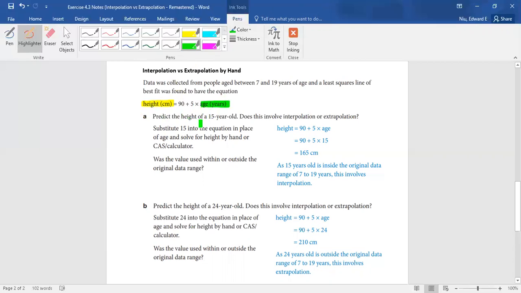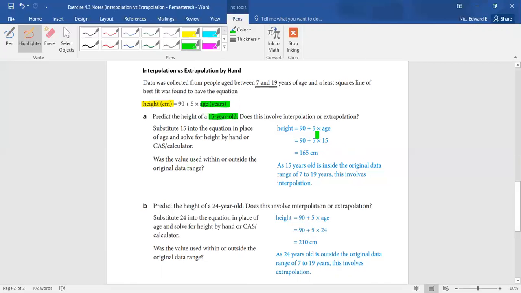Here it says predict the height of a 15-year-old. Keep in mind, our data set is collected from years 7 to 19 years of age. So anything outside of 7 and 19 would be considered extrapolation. Anything inside is interpolation.